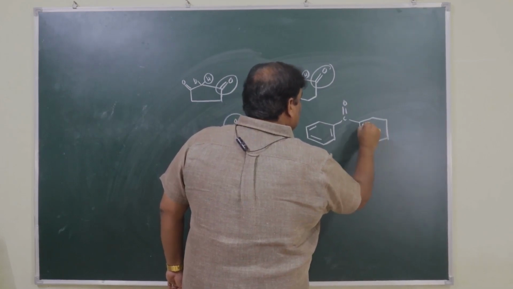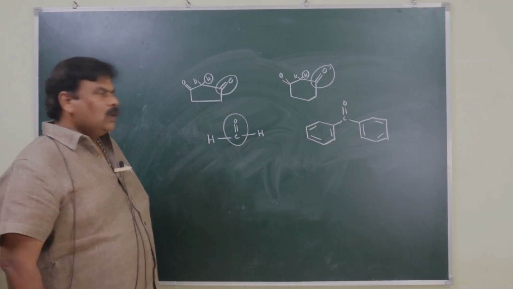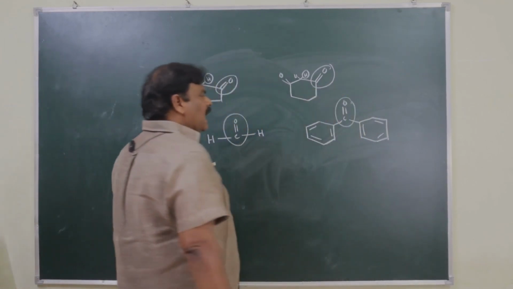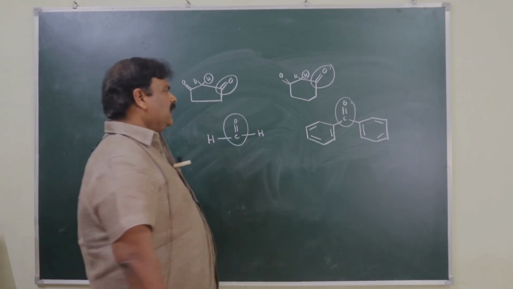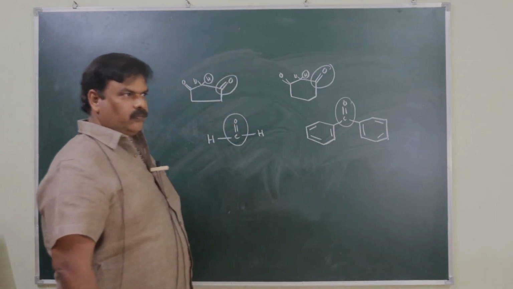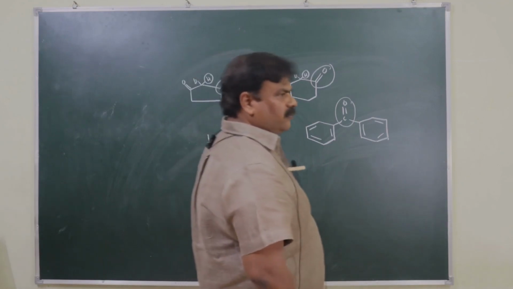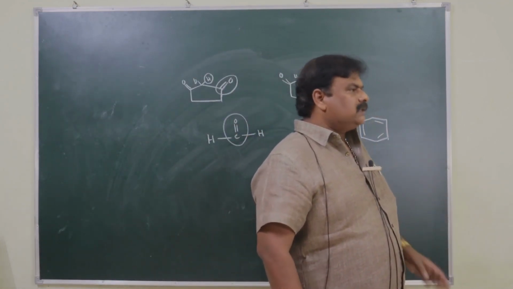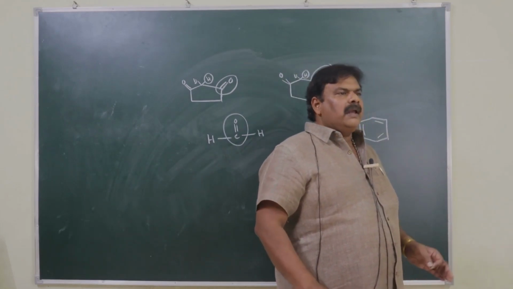It also does not exhibit tautomerism. Though it has a polar group, as it does not have alpha hydrogens, it does not have tautomers. Therefore, the necessary condition for the exhibition of tautomerism is the presence of a polar group with an alpha hydrogen.